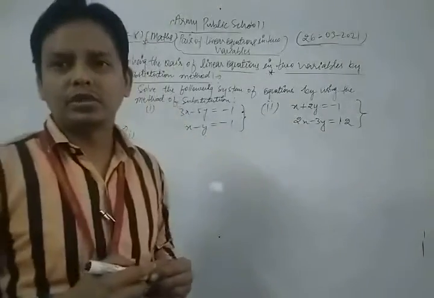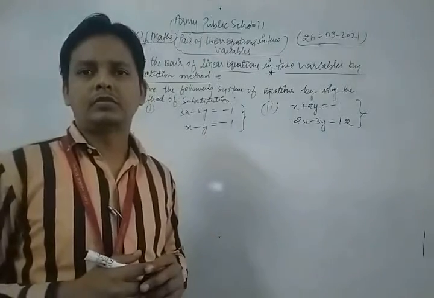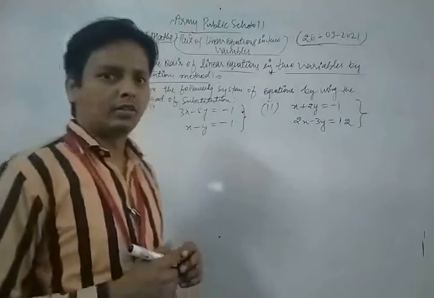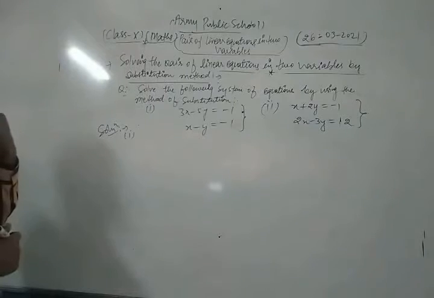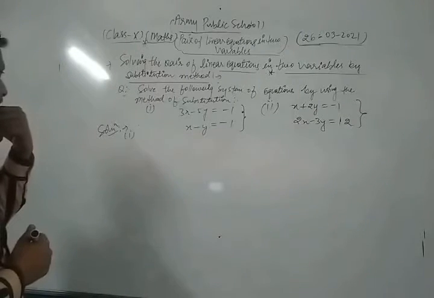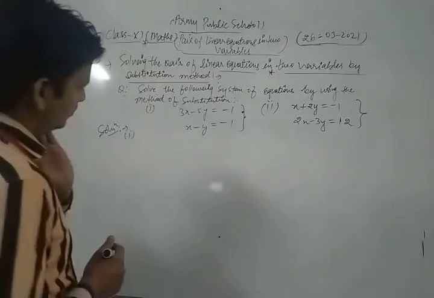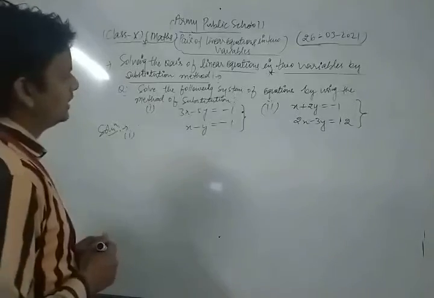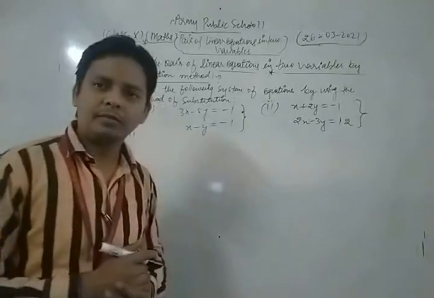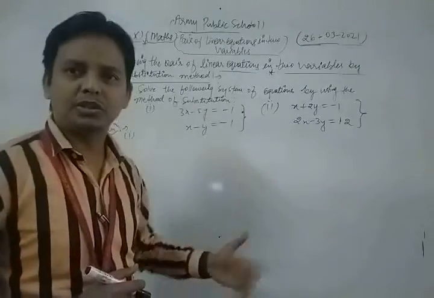Dear students, what is the process to solve that type of question? In that type of question, first of all we have the equations, and we substitute the value of x or y from one equation into another equation.